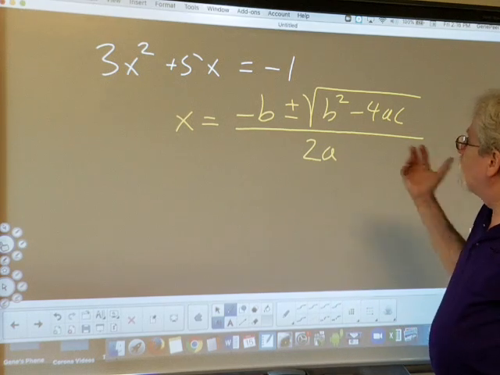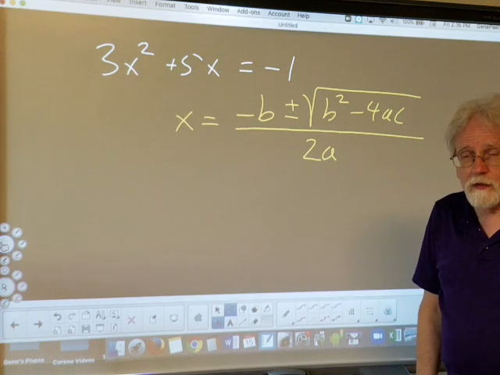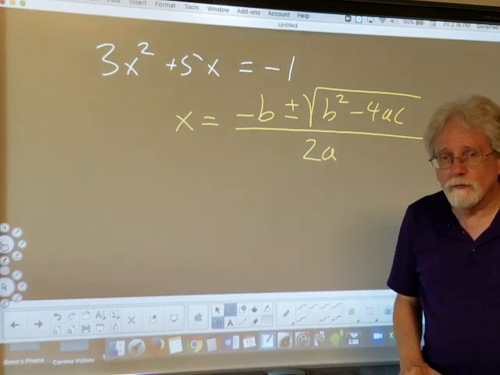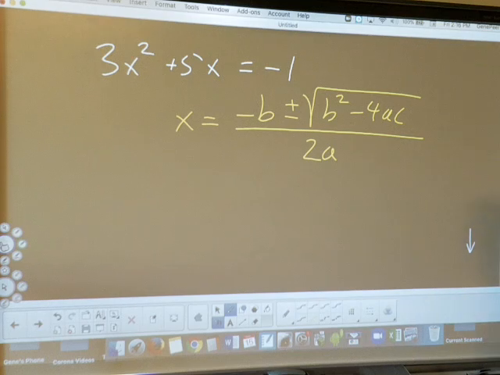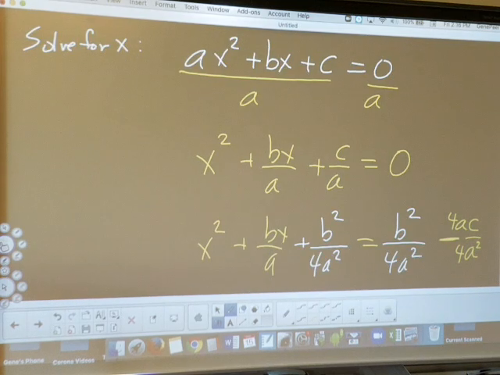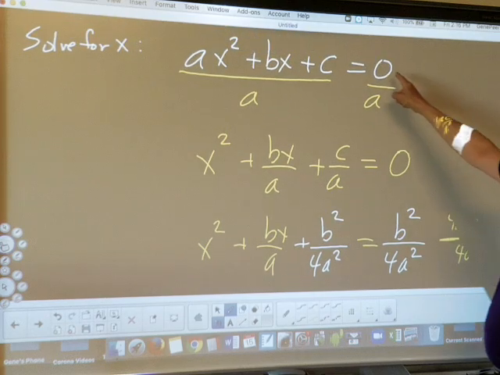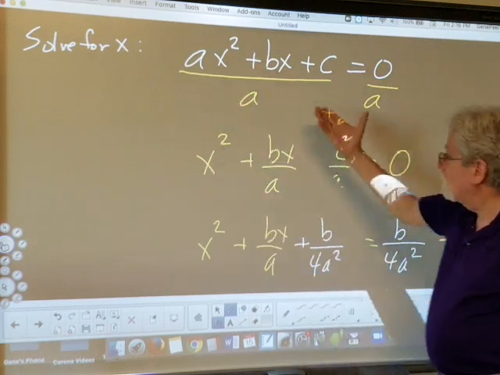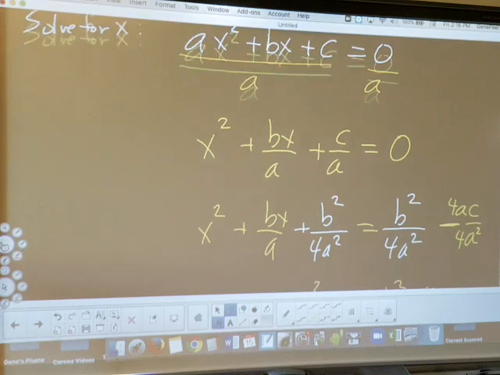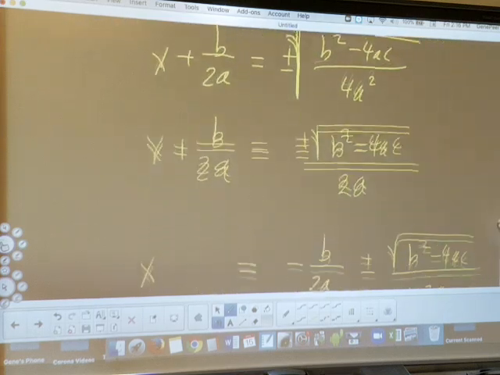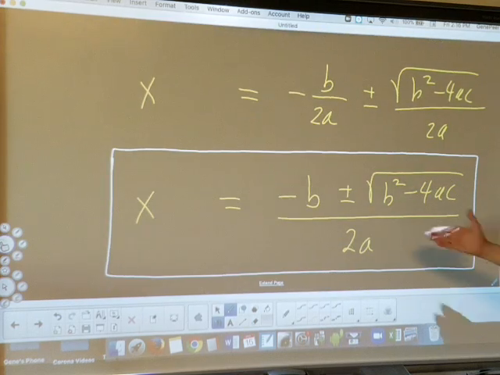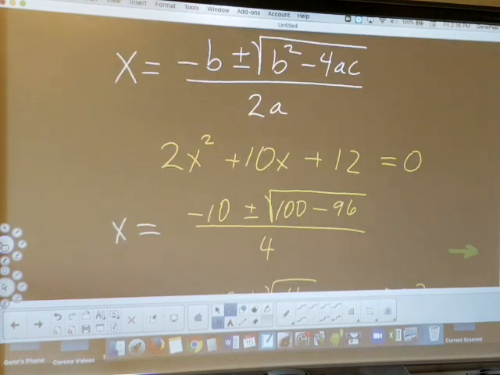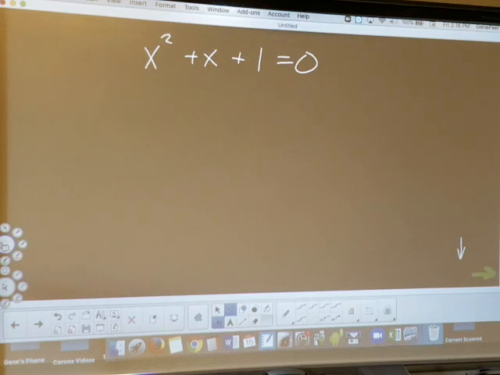I just don't like to throw a formula at you without showing you why it's true. Well, we showed back in the earlier screen why it's true. We took the quadratic equation and solved it for x by completing the square, and we proved that this is true. But you'll never have to do that again. So, now where were we? Oh yes, we're right here.